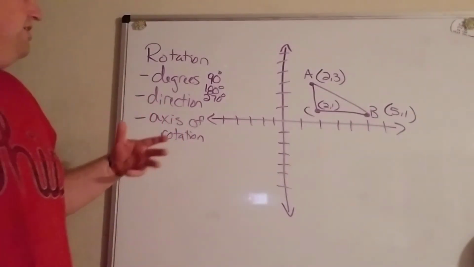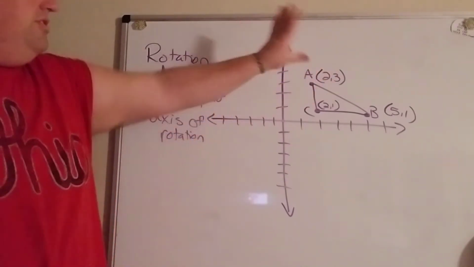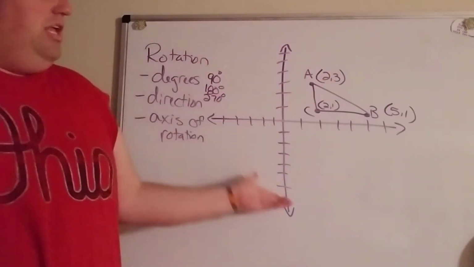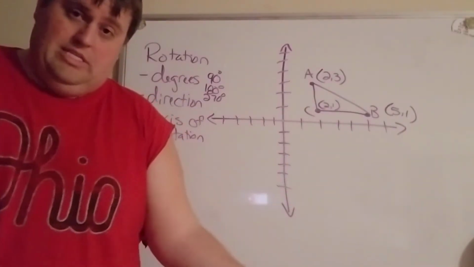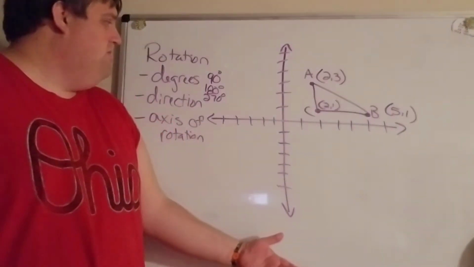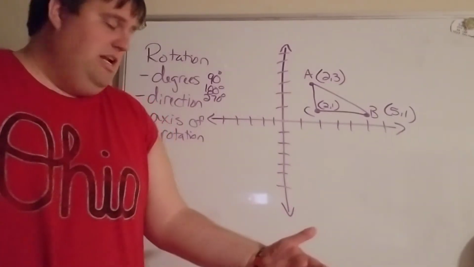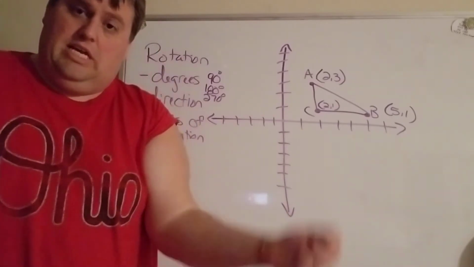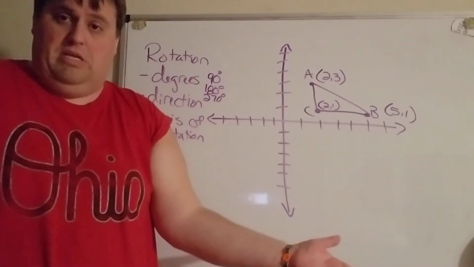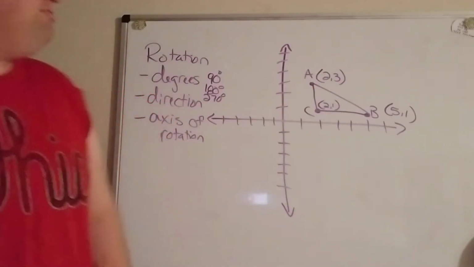So are we turning it just a quarter? Are we turning it halfway? Or are we turning it 3/4? Notice that 0 is not a rotation because it would just be where it is right now. Same with 360. We don't rotate 360 because it's just where you started in the first place. So that's not really a rotation. It just stays right there.